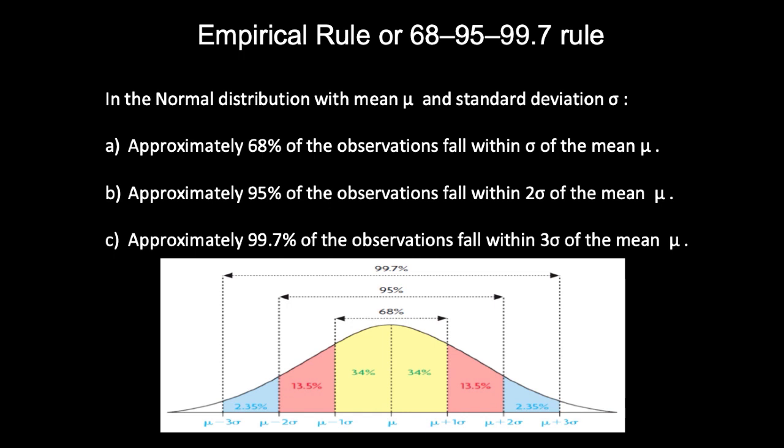Finally, 99.7% of the data will fall in the colored area in light blue, light red and yellow.